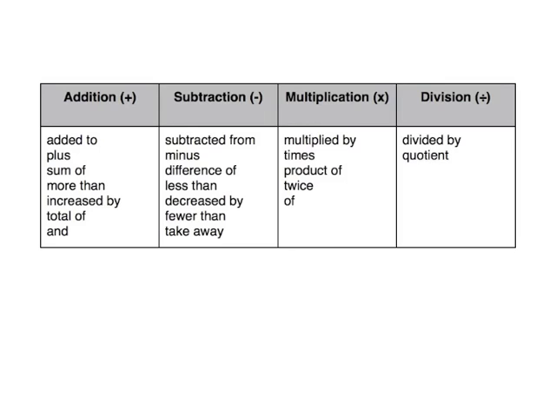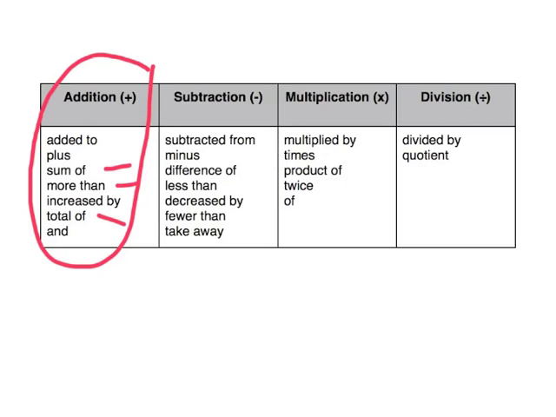Now when you are taking mathematical sentences and word problems and changing them into equations, it really helps to have a good grasp of the words that mean different operations. So addition, a lot of words mean addition. Sum, more than, total, those tell you that you're going to probably be using addition.